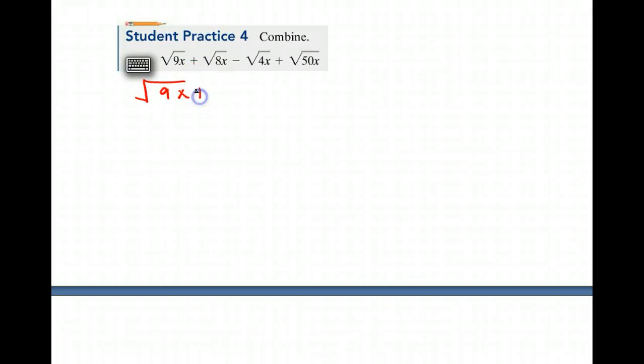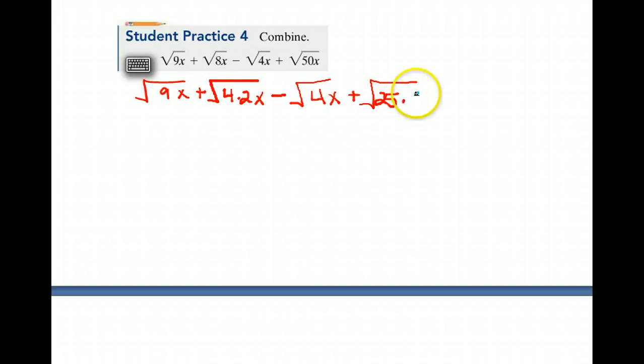Okay. Then we're going to have the 8. That can be broken into 4 times 2x minus square root 4x. I'm leaving that as a 4 because it is a perfect square, plus the square root of 50x will break into 25 times 2x.